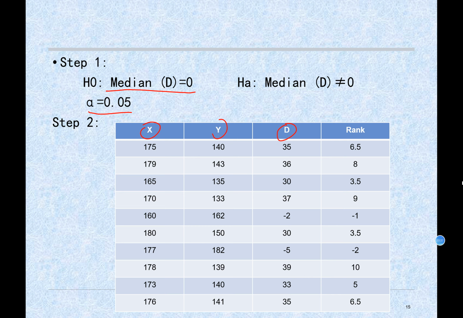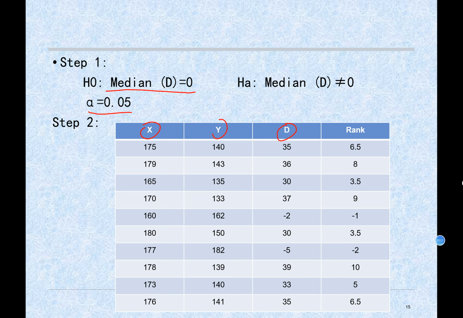So here, we list all the differences. And then let's find the smallest absolute value of the difference. Which one is the smallest? This one, right?